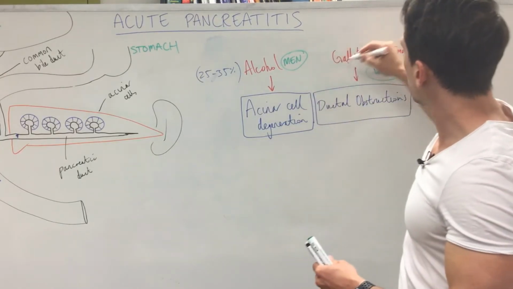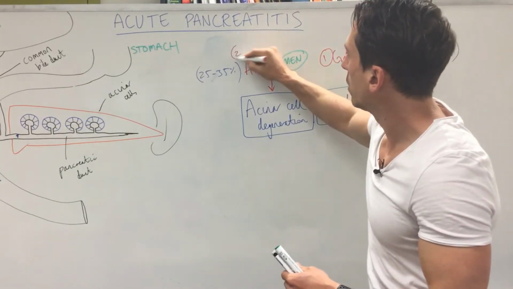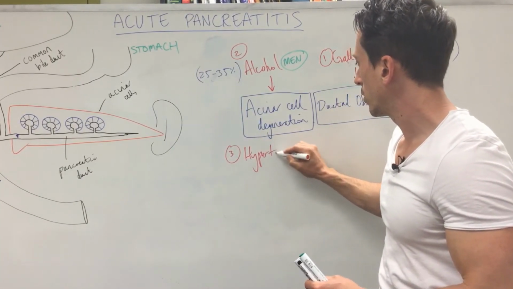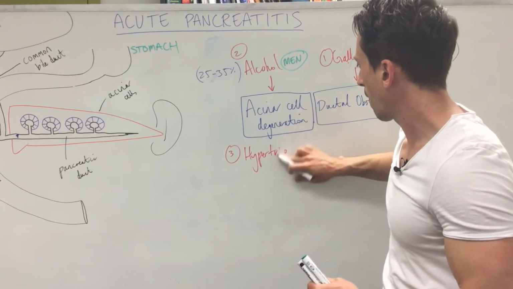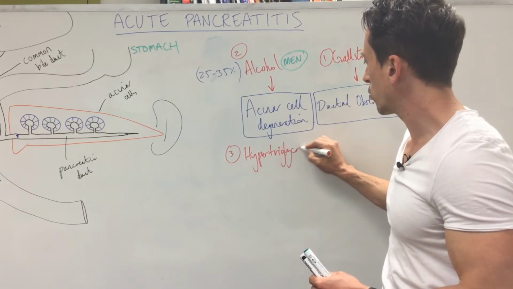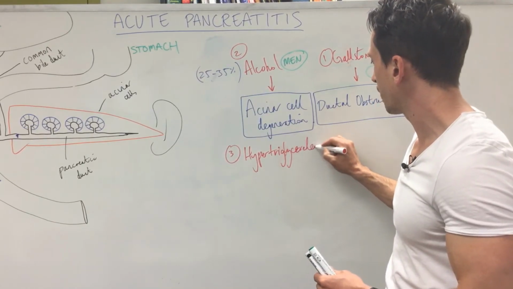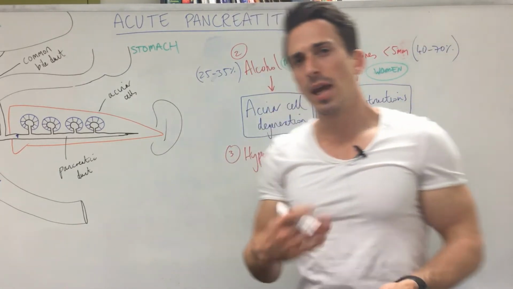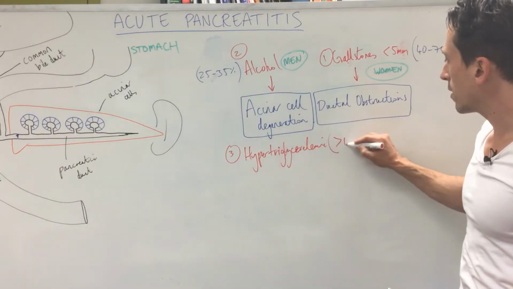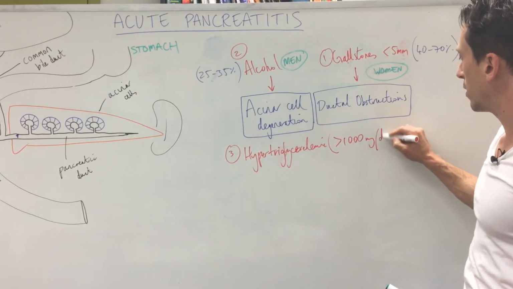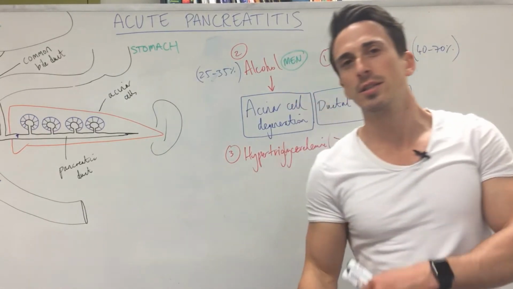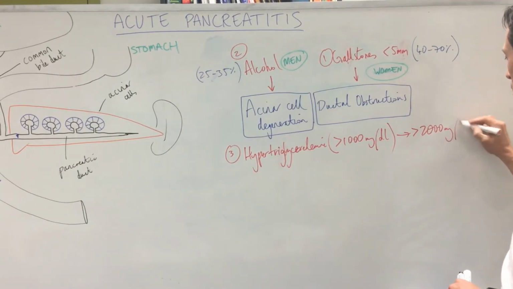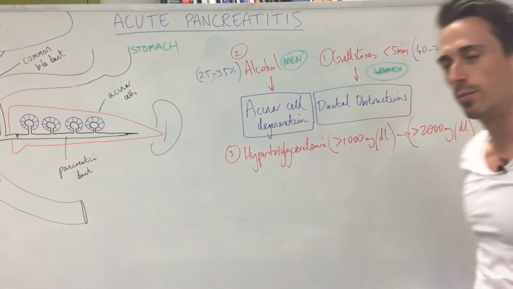So let's just say gallstones are number 1, alcohol is number 2, number 3 is hypertriglyceridemia. And hypertriglyceridemia is an increase or an abundance of triglycerides, and what they usually state within the literature is greater than 1,000 milligrams per deciliter. However, some studies are now suggesting that this needs to be higher, even upwards of 2,000 milligrams per deciliter. So I assume that this will continually be updated as well.